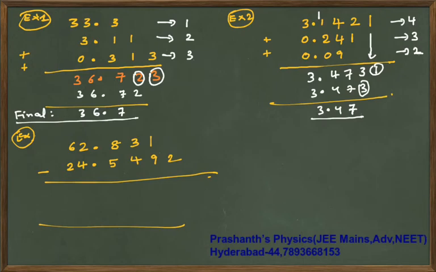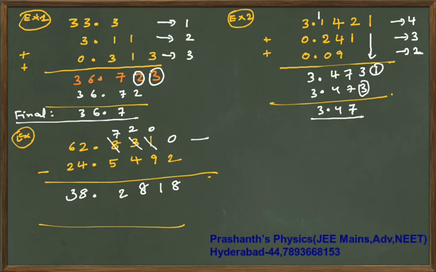Now continuing further, this will become 0, 10 minus 2 it is 8, this will become 2, 10 minus 9 it is 1, this will become 7, 12 minus 4 it is 8, 7 minus 5 it is 2. Okay, now 62 minus means 12 minus 4 it is 8, 5 minus 2 it is 3.